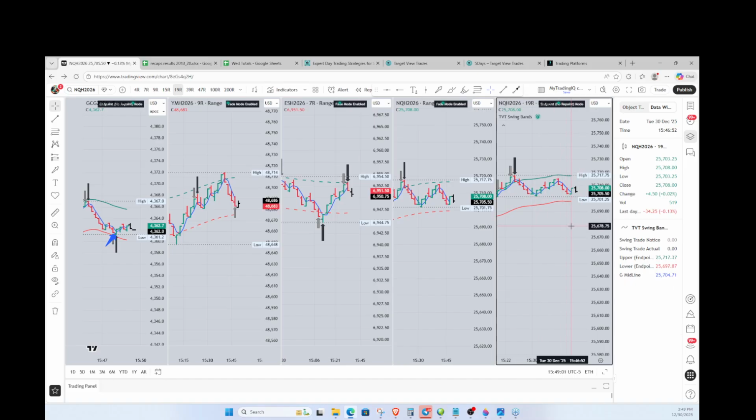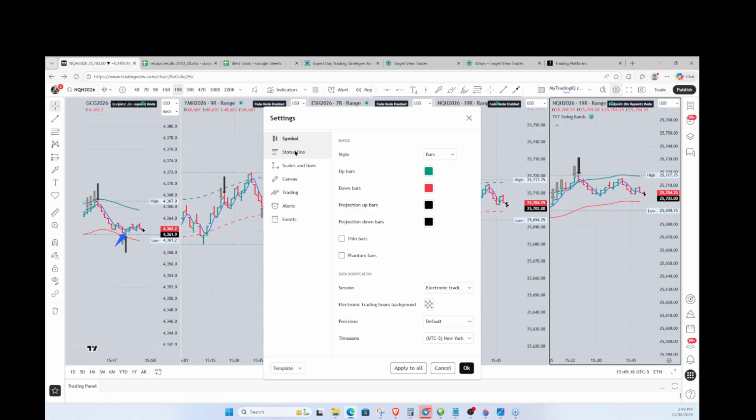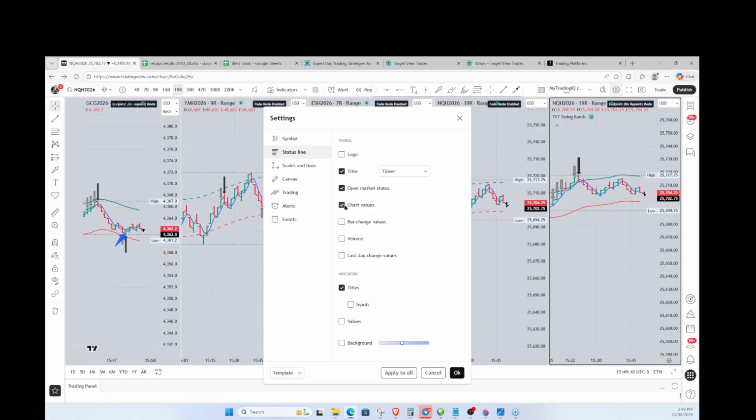If I click on that, it's going to be the open, high, low, close, or whatever I hover over. So you can have it over here, you can have it up here at the top if you want. And to get it up here at the top, you click on this, go to status line, and it is chart values right there.